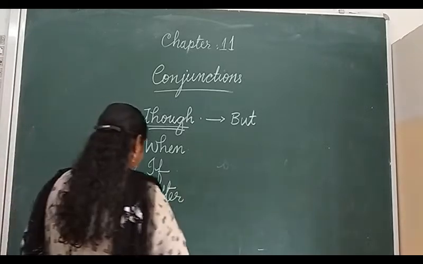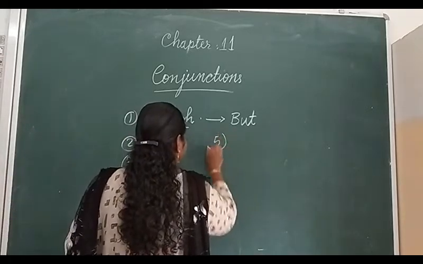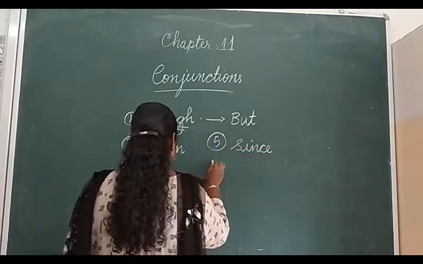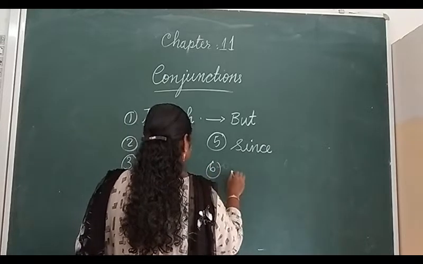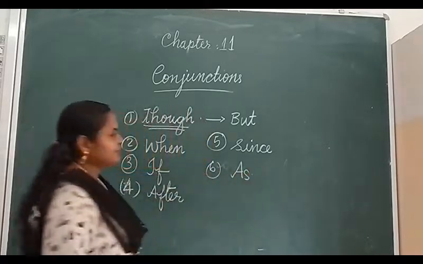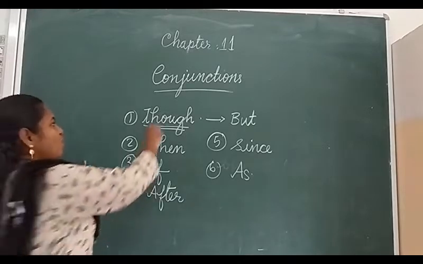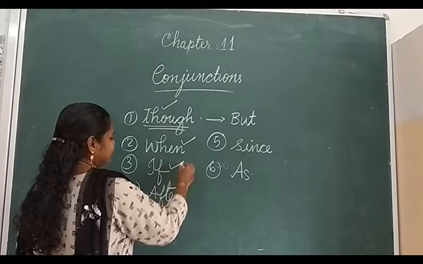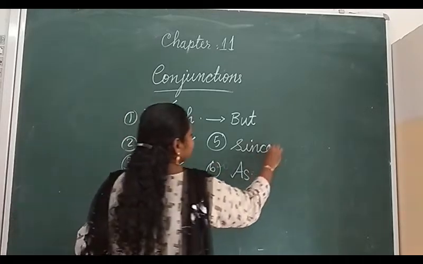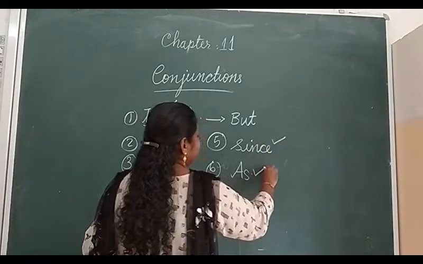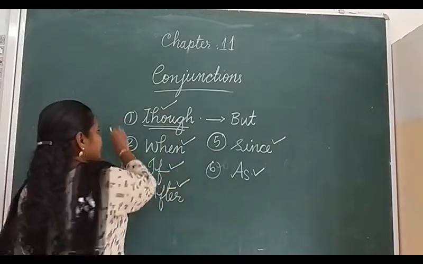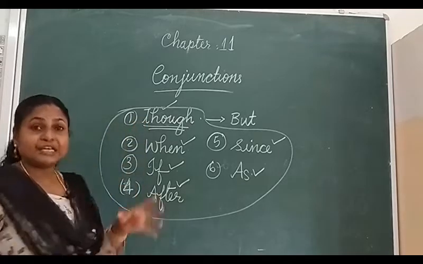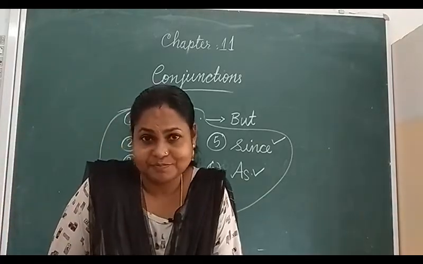And the fifth one is since, and the sixth one is as. These six ones we always use in the beginning of the sentence.